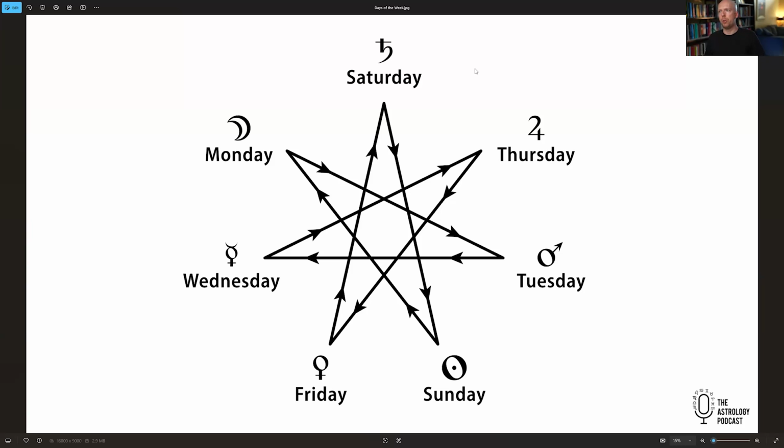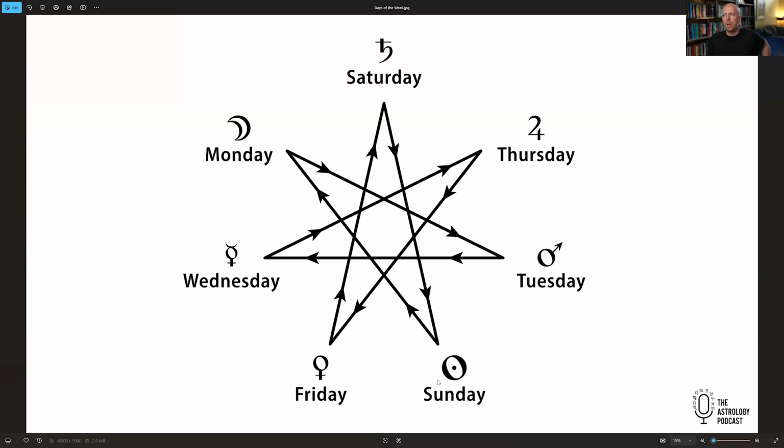What you do is, if you start from a certain day, like let's say Saturday, you work your way clockwise around the diagram and you skip two positions in order to get to the next day. So if you start with Saturday, the day of Saturn, up at the top, then you go clockwise and you skip Jupiter and Mars and you land on the sun, and that's the planetary ruler for Sunday.